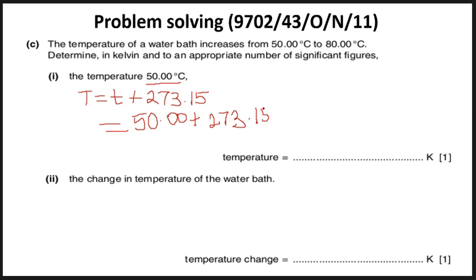So if you do the right addition, you should be getting about 323.15 Kelvin. So this is going to be the answer. So what I've done here is I made capital T the subject of formula from the relationship I gave between temperature in thermodynamic scale and that of this.